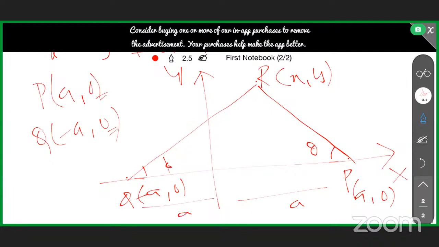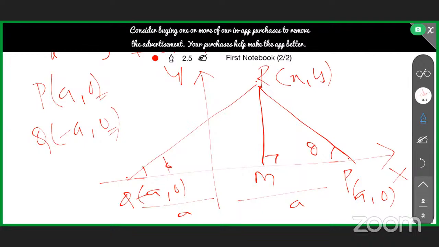To simplify our problem, I'll draw one perpendicular from R to the x-axis. I'll mark this point as M, and this is my perpendicular. I'll take R as (x1, y1) to avoid confusion, since we have to take another general x and y.